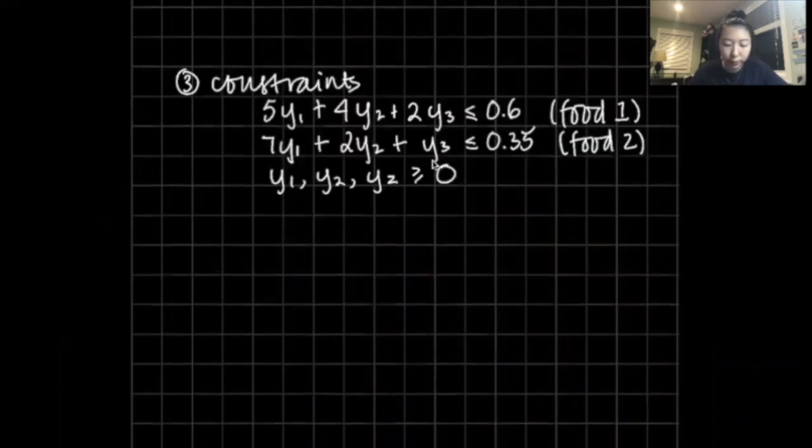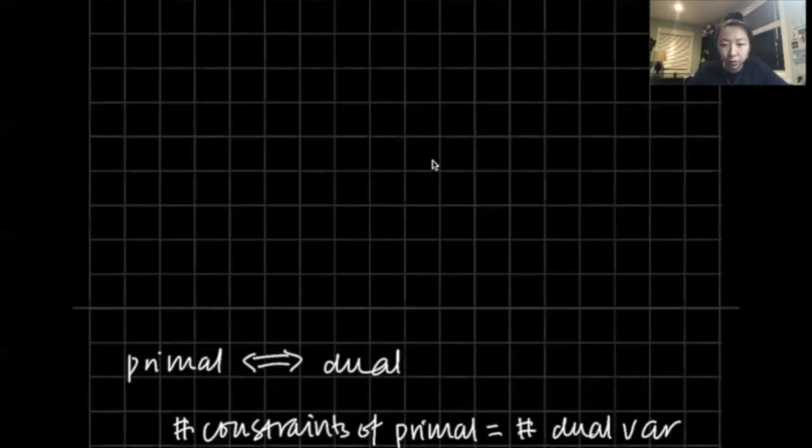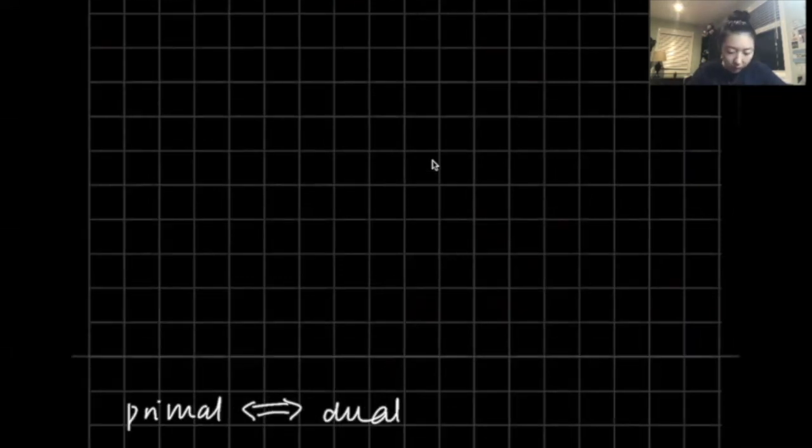To conclude this problem, I want to talk about the primal and the dual just a little bit. And this is where duality comes in. For every problem that we try to maximize or minimize, there is an opposite problem that does the exact opposite. However, the optimal solution for the primal is always upper bounded by the optimal value of the dual problem.